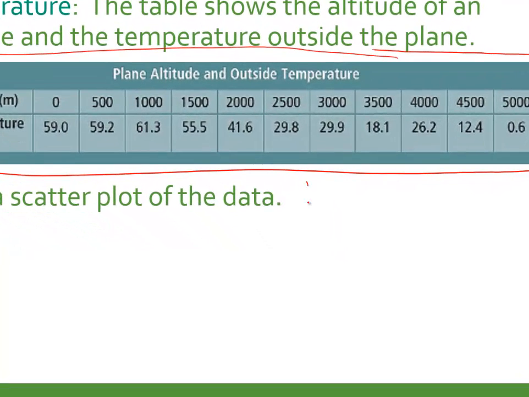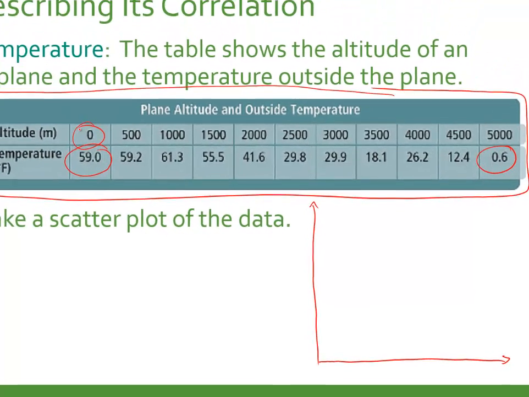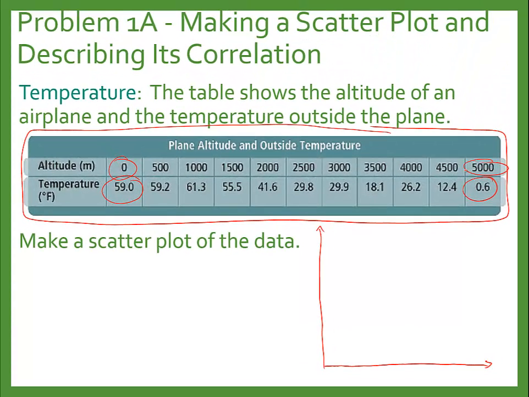Let's draw your y-axis and your x-axis. Your temperature goes from 0.6 to 59, and your altitude goes from 0 to 5,000. Let's say this is x and this is y.